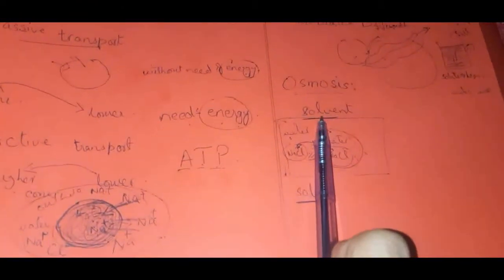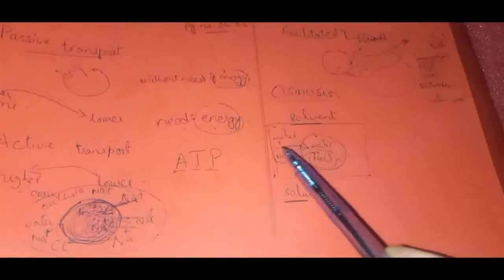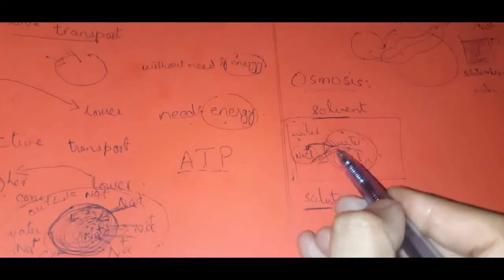Now what is this solvent? This solvent is obviously water, because there is more concentration of water inside and outside. But now this water is either going from the cell to the outside, or from outside into the cell.